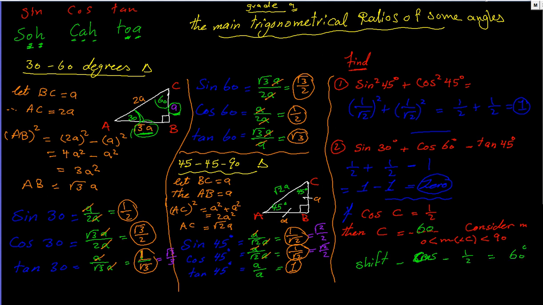When he gives you the result of the ratio, the result of sine, cosine, or tan, write shift, then cosine or sine or tan, then write the result, and you will get the angle. Okay, let's see another exercise.